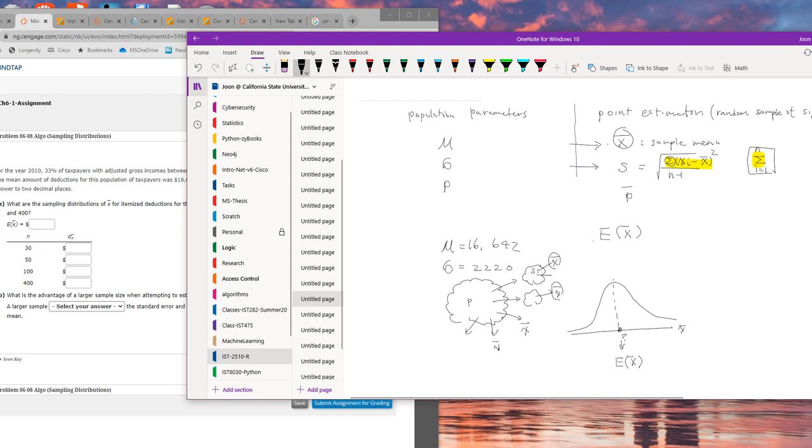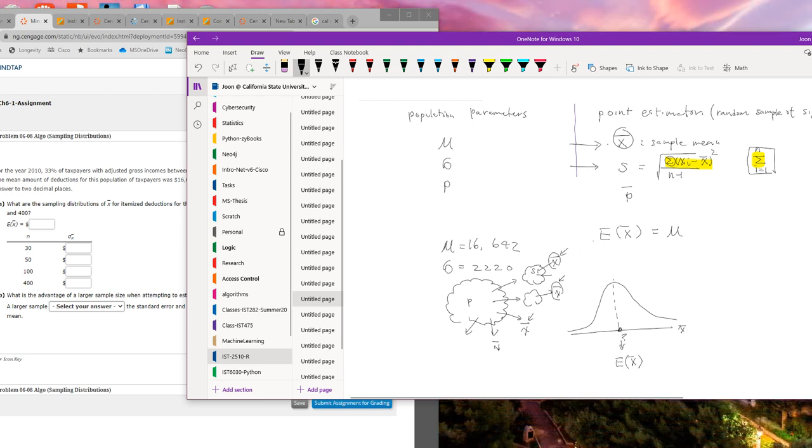And we know that this is simply the mu, which is the population mean, right? If you collect all these mean values from the samples, this is the mean of a sample, and we know that this value will follow the normal distribution.